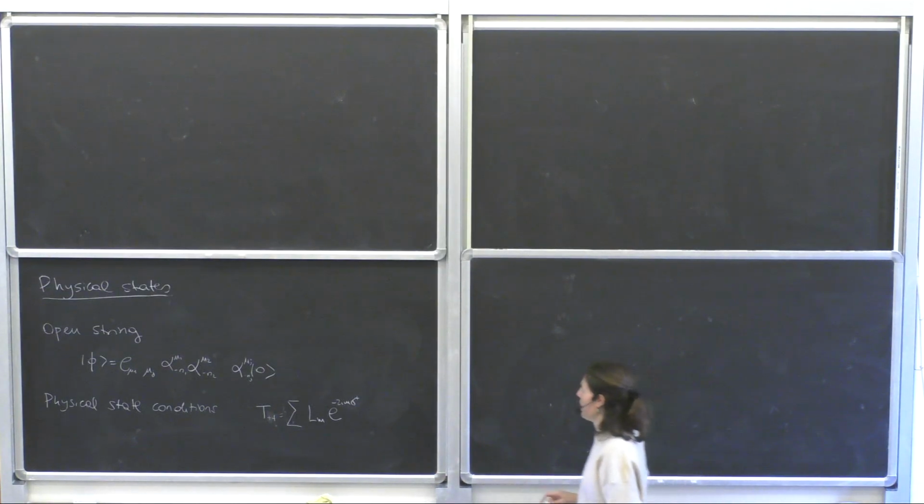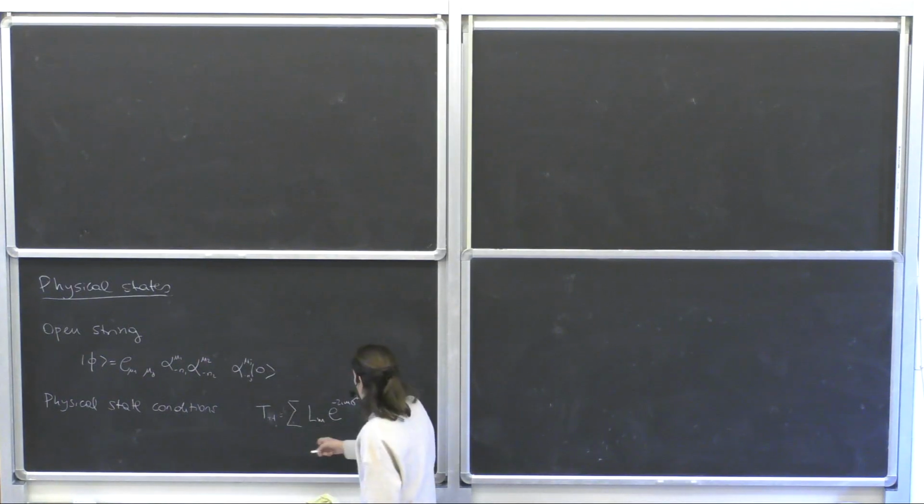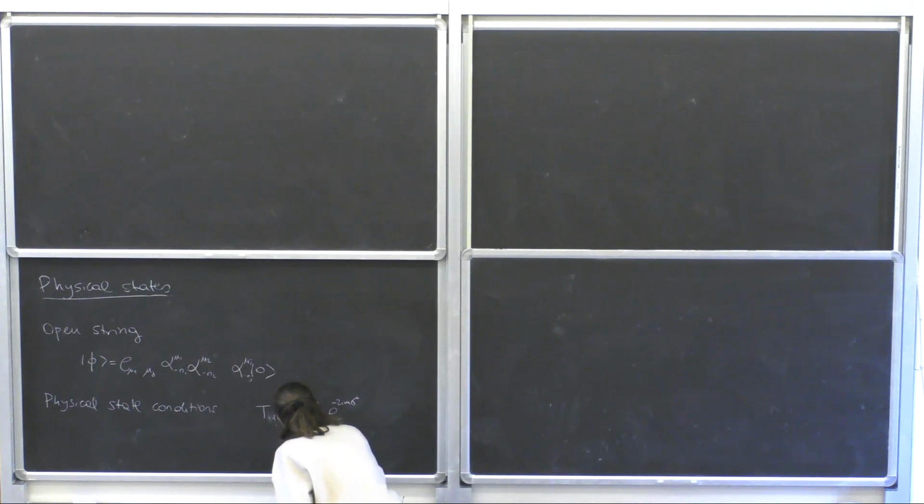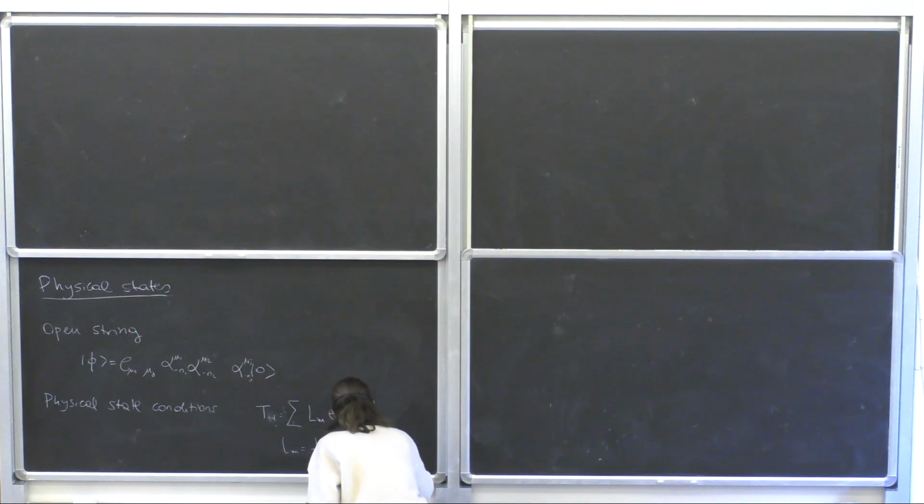In the open string, that's only because of the boundary condition, T plus plus is actually equal to T minus minus, in the sense that there's a single set of oscillators. So Lm is 1/2 of the sum from n equals minus infinity to infinity of alpha m minus n contracted with alpha n.